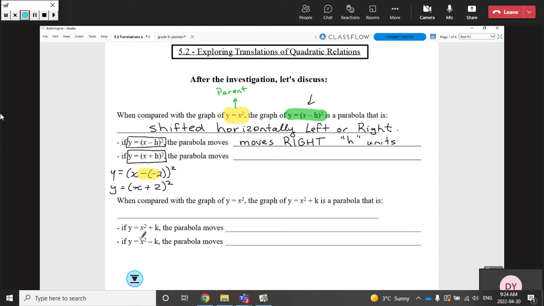So it's going to look like plus something, and we should know that that means go to the left. We'll say it moves left h units. That's all we need to know. The h value moves left and right, but just be a little careful with it.